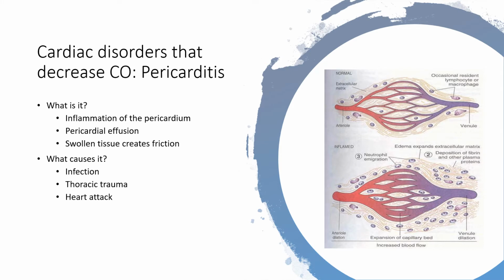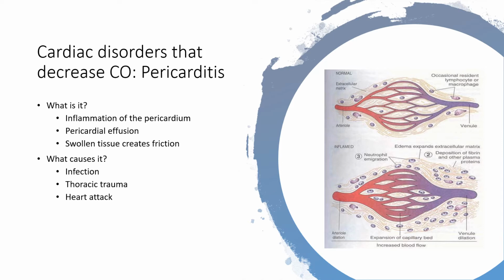So what is pericarditis? Pericarditis is inflammation of the pericardium, just like you'll see with endocarditis and then myocarditis. It's going to be inflammation of that tissue. Now, what happens when things get inflamed is we're going to be increasing the interstitial fluid, right?